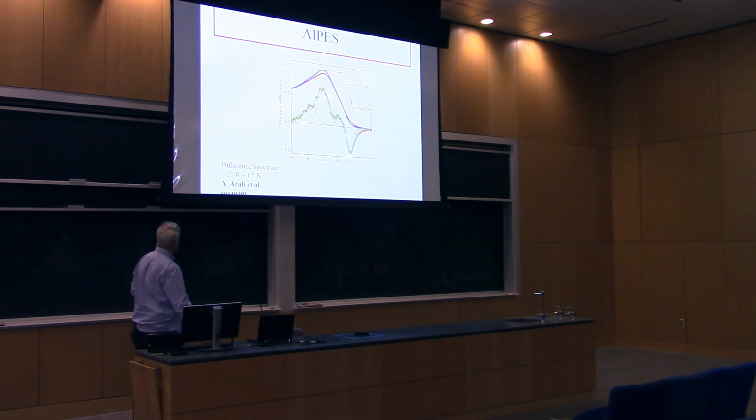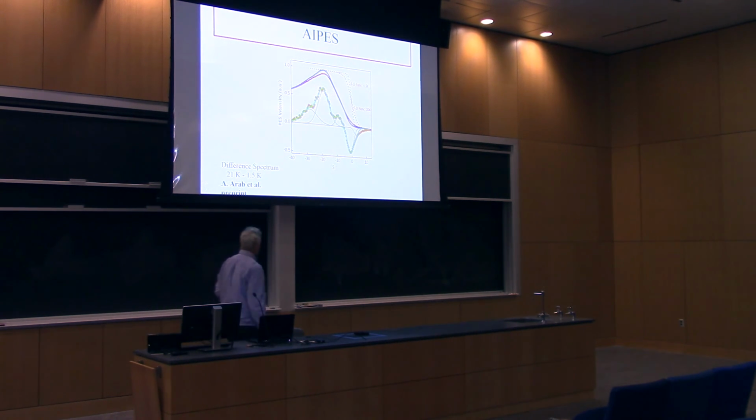And Alex has confirmed the existence of this with angle-integrated photoemission spectrum, where he took data at 20 Kelvin and saw this blue curve, and then at 1.2 Kelvin, and just subtracted the difference.